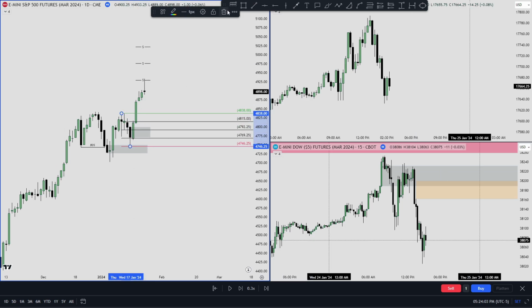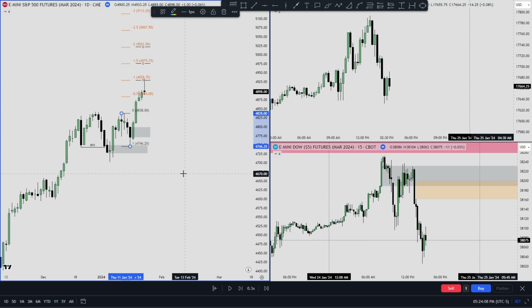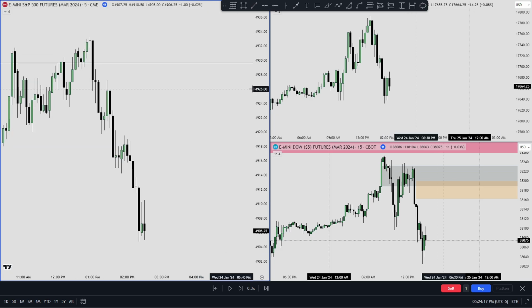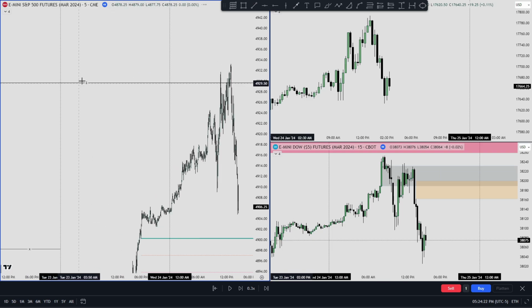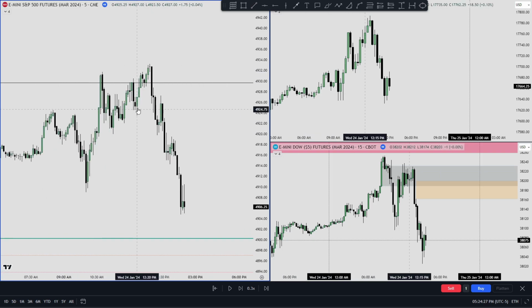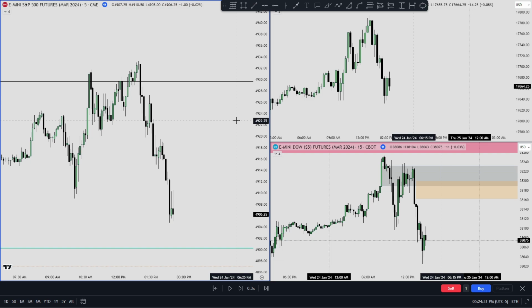So if we put the fib from low to high here and put standard deviations on, this first standard deviation was an area of targeting for the week. So coming into the lower time frames here, price came up into that standard deviation and we were expecting a rejection, and then price rejected from it. So that's bias and narrative. Price came up into our resistance level and gave a rejection.